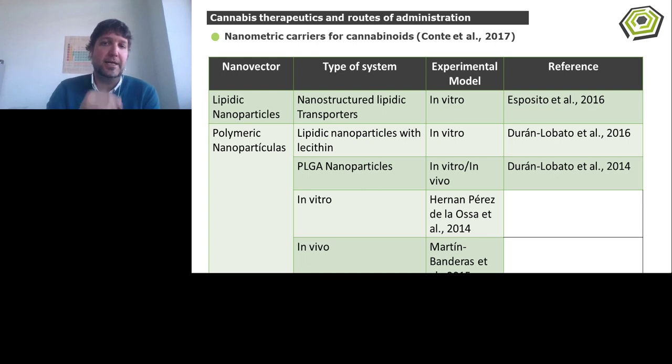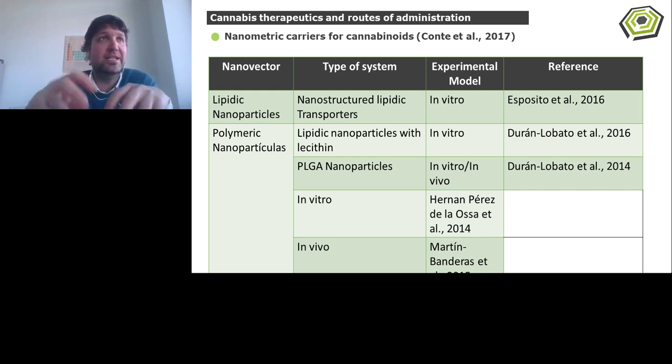So basically, the strategy that we have followed is making nanoparticles, either from polymers or from lipids, in which we can load cannabinoids. And we have seen how, formulated in this way, cannabinoids increase their efficacy. At the end of the day, it remains a challenge to see if we can reduce side effects, but it seems that it will allow control over the release of these cannabinoids, both in space and time, meaning that we can have controlled release formulations.